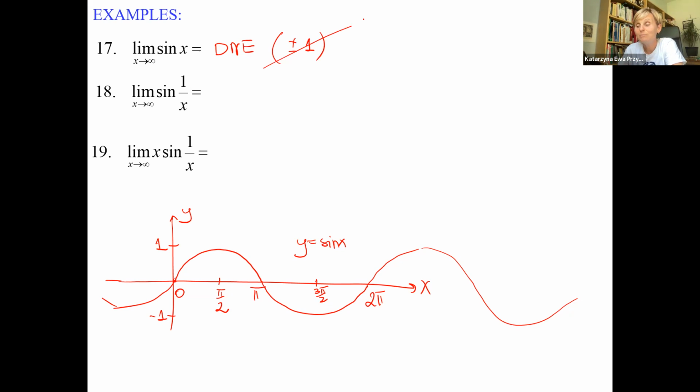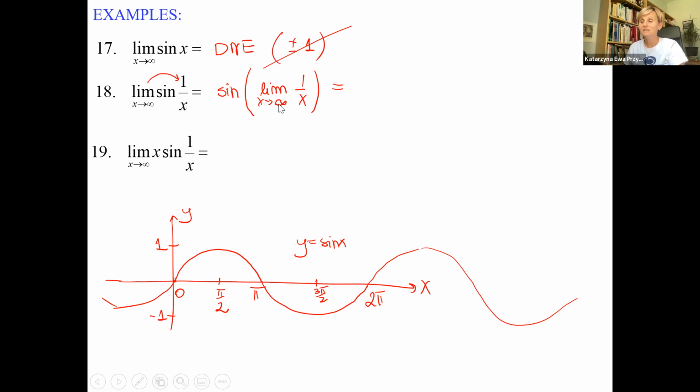Okay, now the limit of sine of 1 over x. Interesting, a little bit different. The graph will look a little different. But since sine is definitely a continuous function, and x in this case is placed in the inner function, we have a theorem we remember from the basic laws of limits: we may focus on the limit of the inner function first, and then apply the outer function, which is sine.